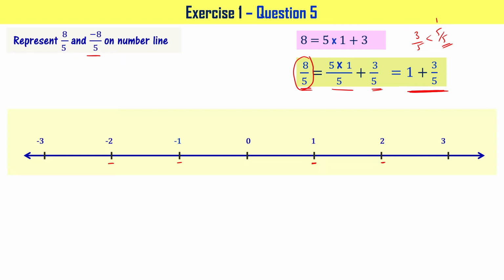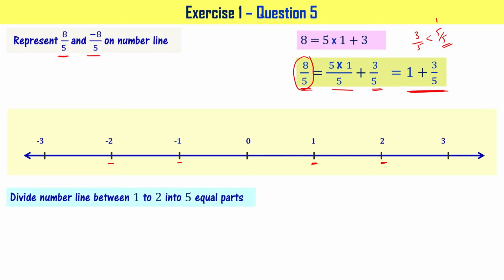Now since we want to represent 8 by 5, I want to divide the number line between 1 and 2 into 5 equal parts. Why 5 equal parts? Since denominator is 5, right? Look at this.